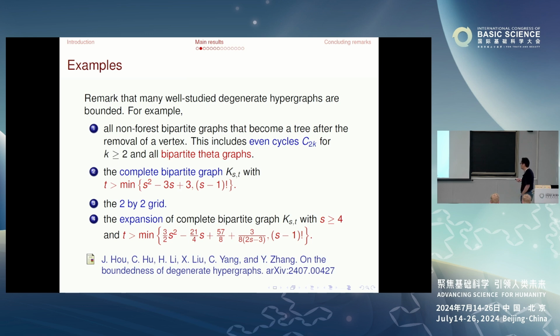Here we need s at least 4, and t is something like this. By the expansion of the complete bipartite graph, we mean that for each edge we insert a vertex such that all the new vertices are different.